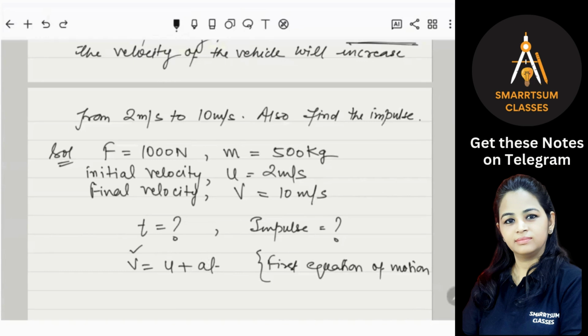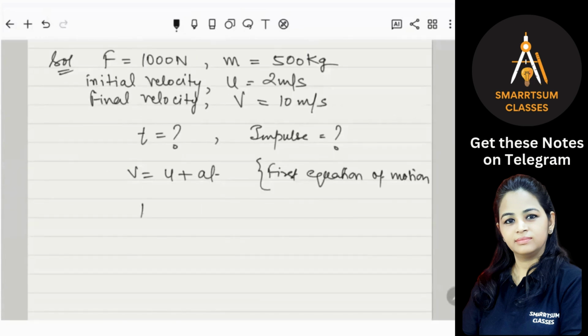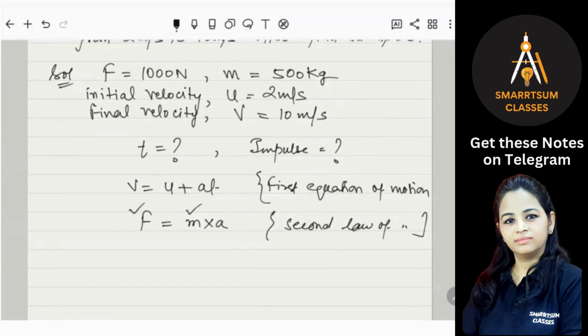Now how to find acceleration? There is one more formula: F is equal to m into a, according to the second law of motion. Here F is given to you, m is also given, right? So we can easily find acceleration. Yes or no? Everybody getting this? So find acceleration from this formula, F upon m. Force is 1000 Newton, and mass is 500 kg.